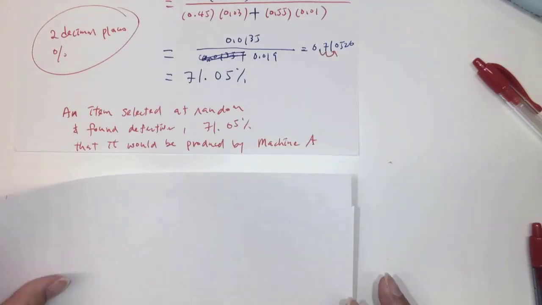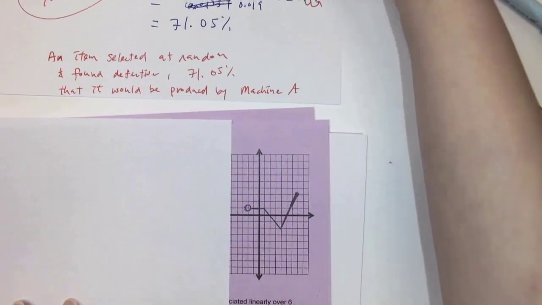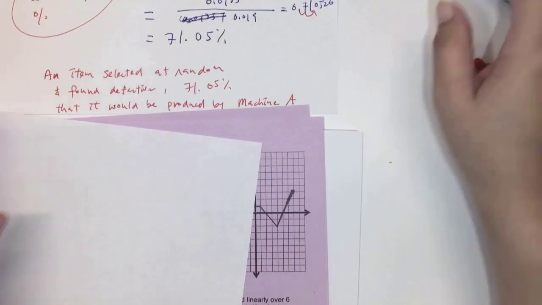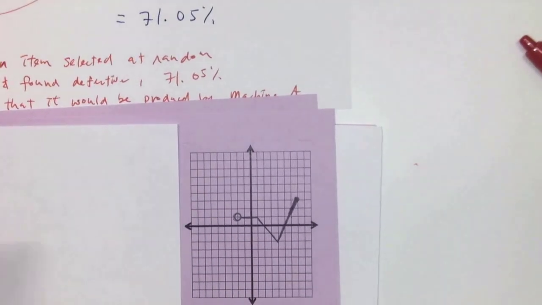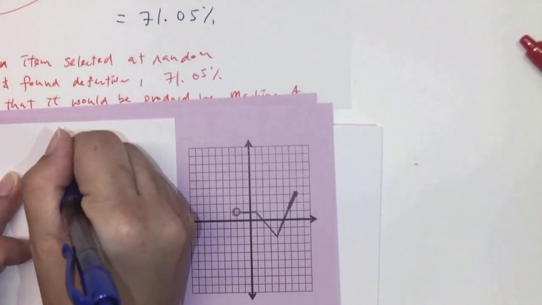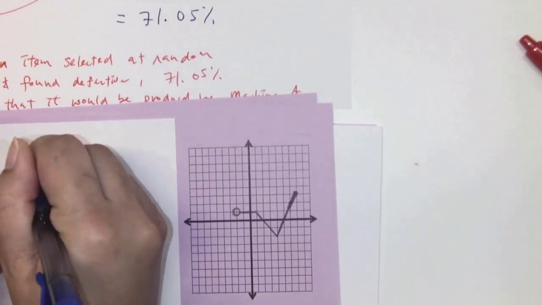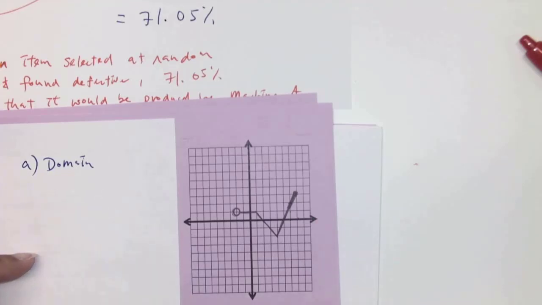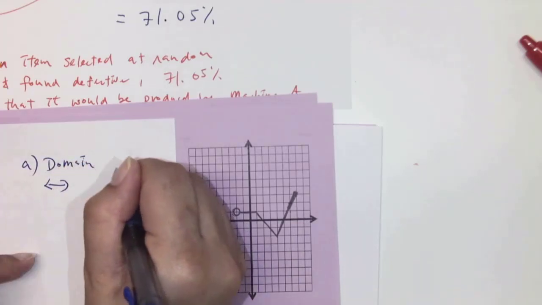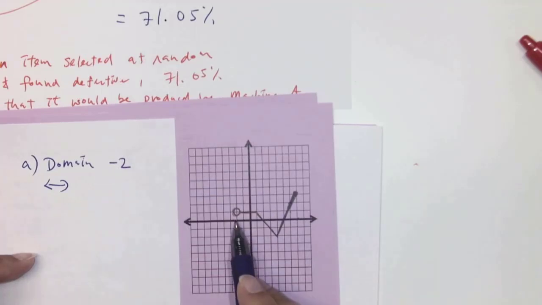Next one, I want you to look. We are going to look at this picture together. So some of the questions may be coming from a picture. Can you find what is domain? What is domain again? Possible x values. So looking at here, the smallest x looks like -2. X is left and right, right? So -2 should come with what?